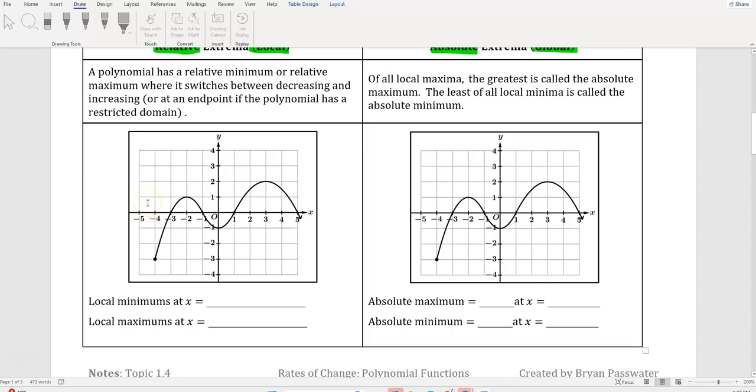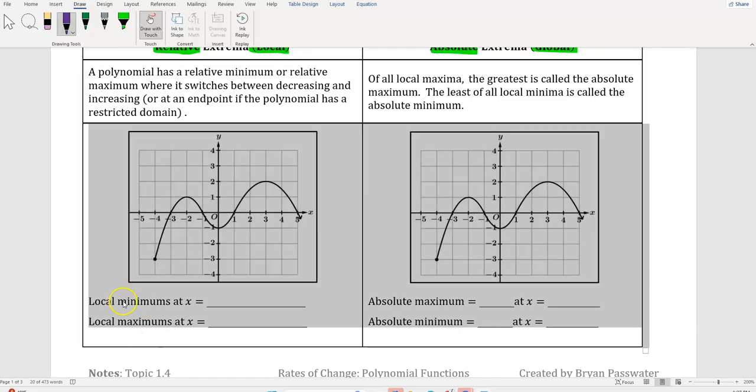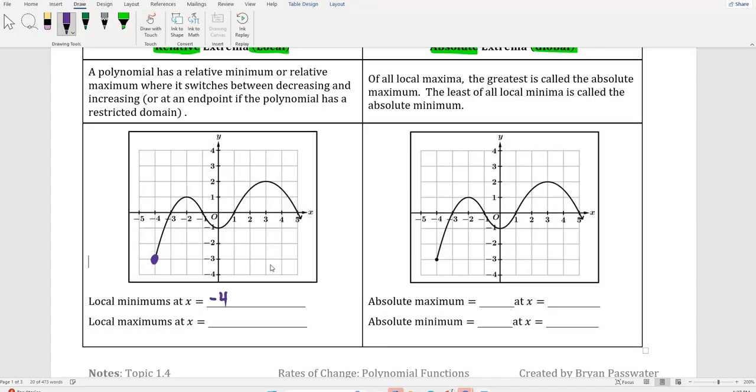All absolute maximums can also be considered relative maximums. So whenever we answer this question here, our local minimums are going to happen right here at x equals -4, and at x, about messed it up. This point right here, x equals what there? 0, not -1.